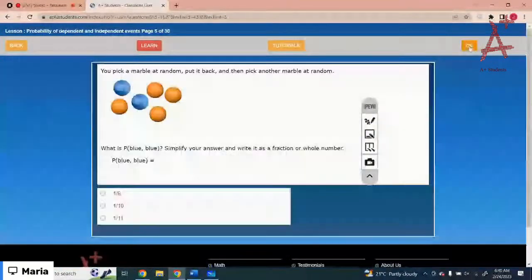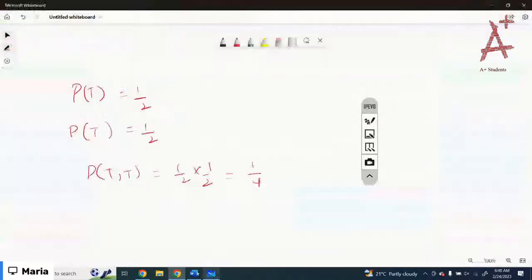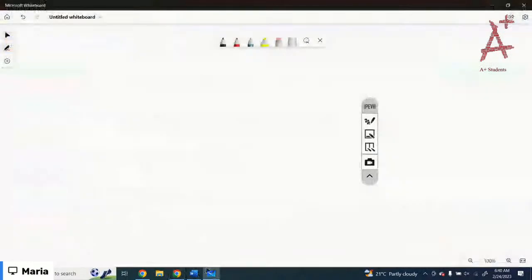Okay, the next one is you pick a marble at random, put it back, and then pick another marble at random. What is the probability of blue and blue? Those are independent events. Got it? For the first time, the probability of blue is 2 over 6. You put the marble back.